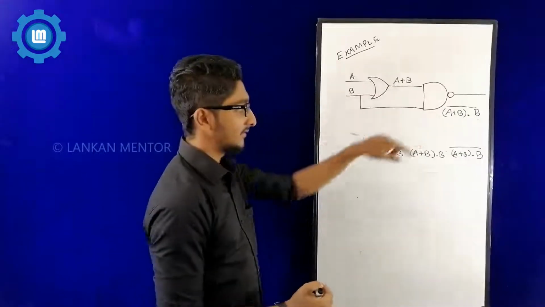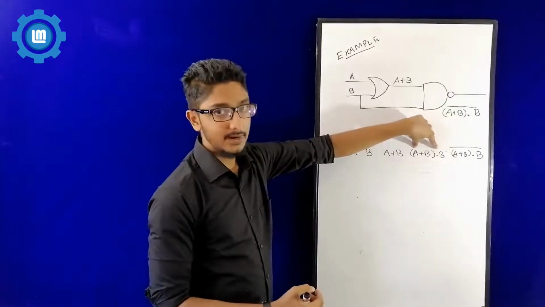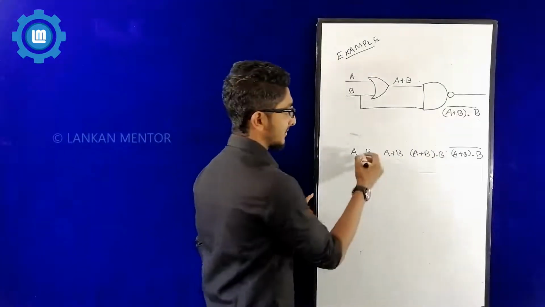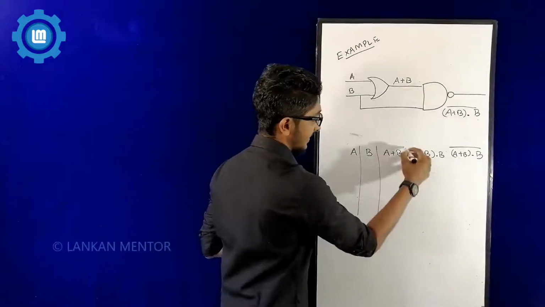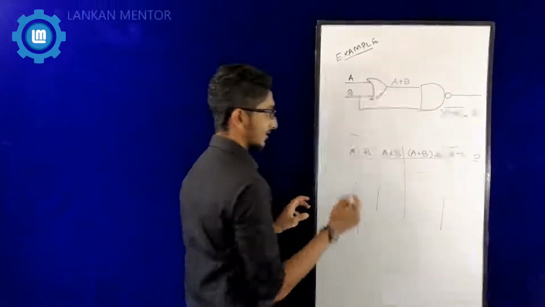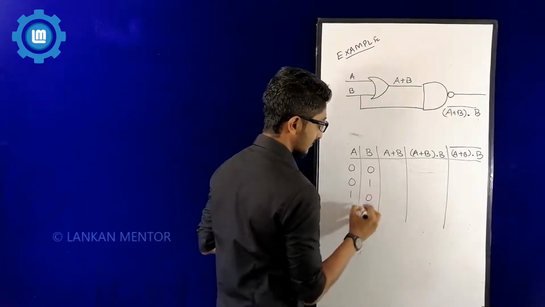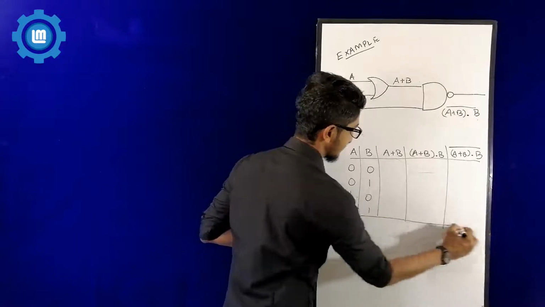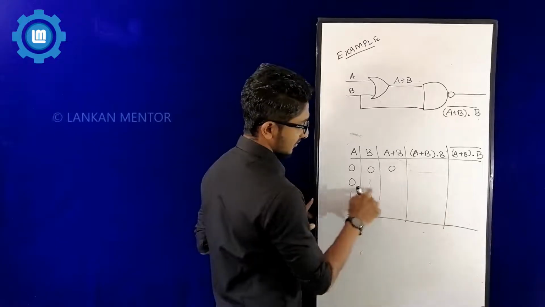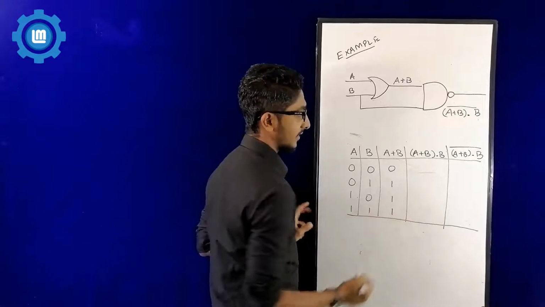I told you earlier, we write one expression without the bar first and then we combine it together to be sure of not making mistakes. Right, 0 0, 0 1, 1 0, 1 1. Now A plus B: 0 plus 0 is 0, 0 plus 1 is 1, 1 plus 0 is 1, 1 plus 1 is 1.